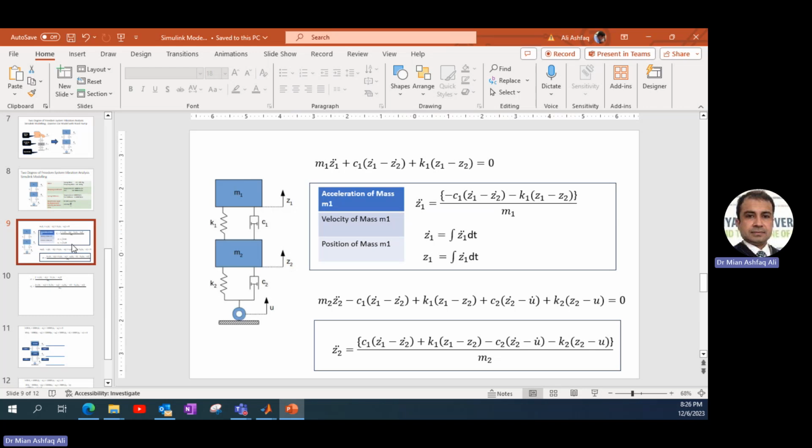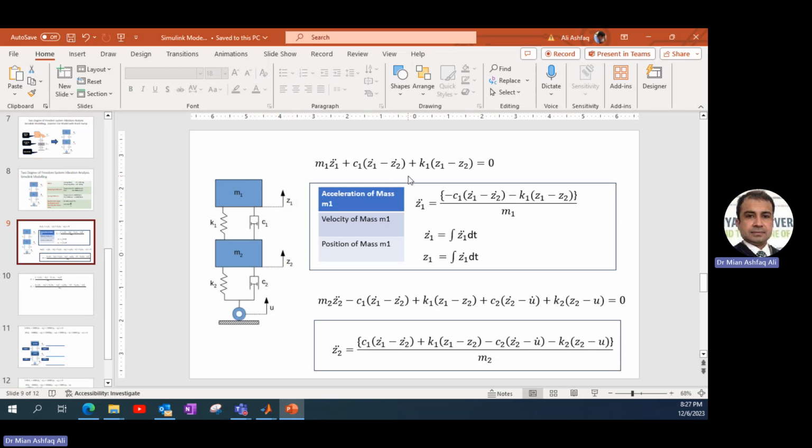If we consider M1 and M2 one by one, then we can derive this equation, which represents the dynamics of M1. So we have mass M1 times Z1 double dot, the inertial force, plus C1 multiplied with the relative velocity, which for this one is Z1 dot minus Z2 dot.